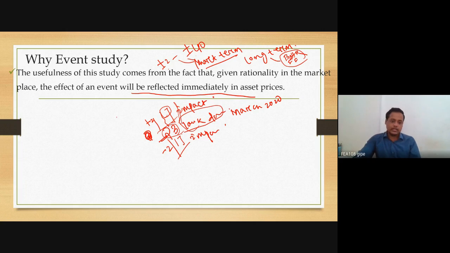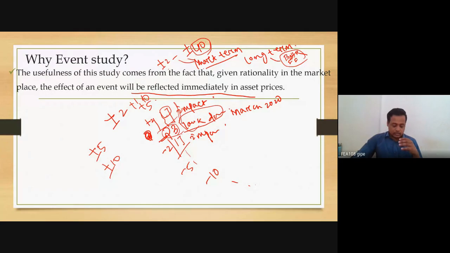That's why we call it plus minus 2. If I want to measure 5 days impact, I'll say plus minus 5. I'll take before 5 days and after 5 days. So we can go for 10 days, plus minus 10. Like that we can go up to 40 days. That is what the event study gives us.